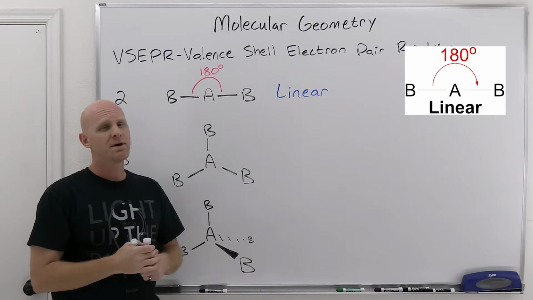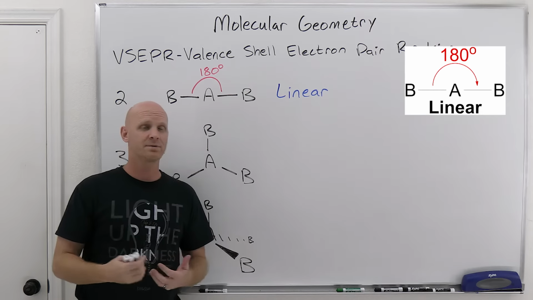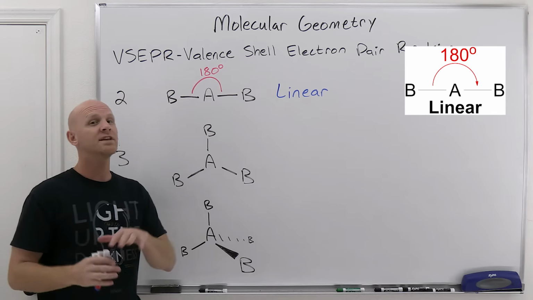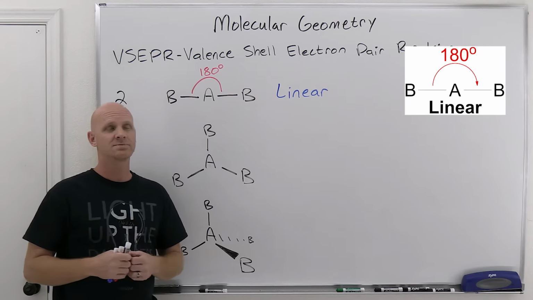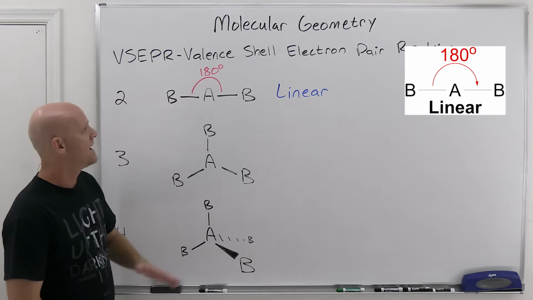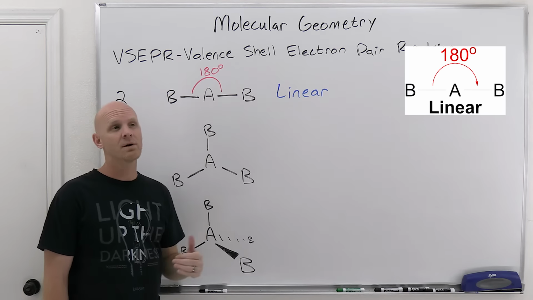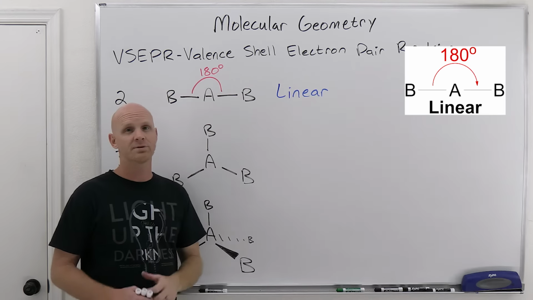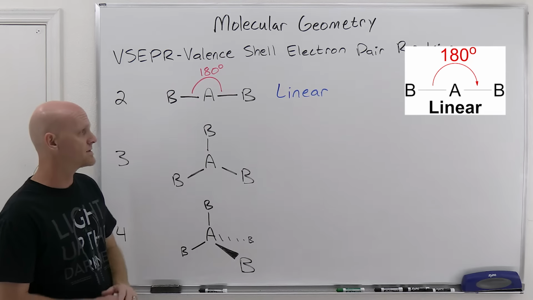For 2 electron domains, molecular geometry and electron domain geometry are the same thing. We're going to start with electron domain geometries, and then we'll move on and talk about a special class of molecular geometries that are derived from there. So with 2 electron domains, it's linear for the electron domain geometry, and also for the molecular geometry. We'll see the distinction between those for larger numbers of electron domains.